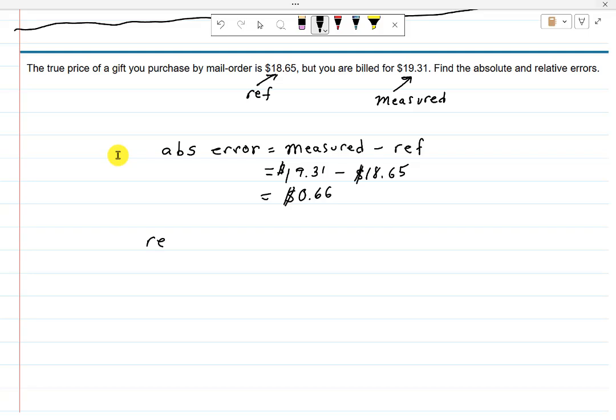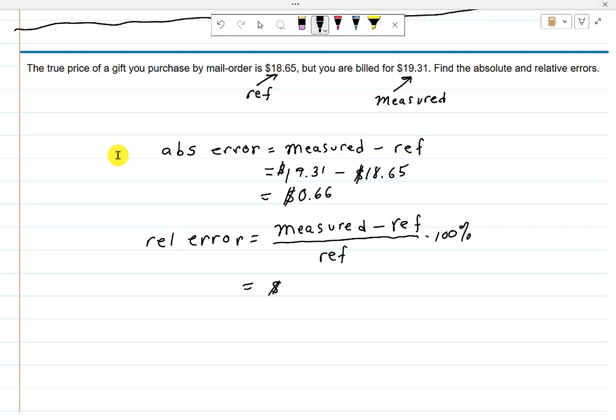Then the relative error, that's measured minus the reference divided by that same reference times 100%. Let me get my numbers in. My measured was the 19.31.